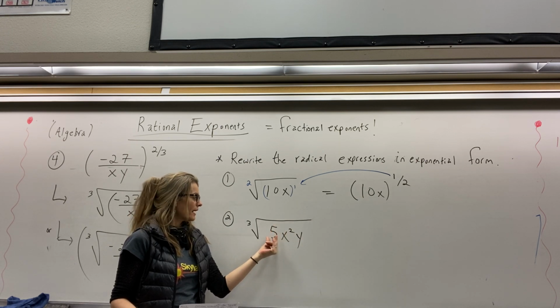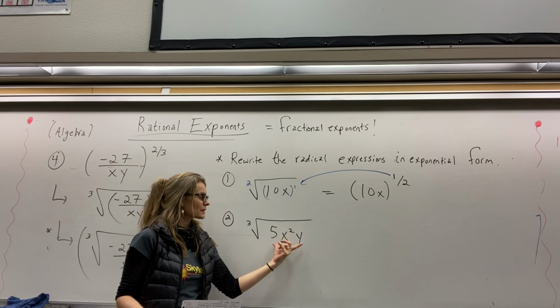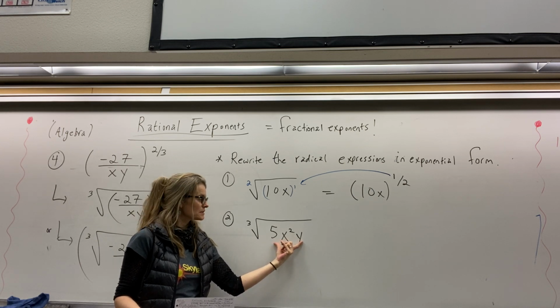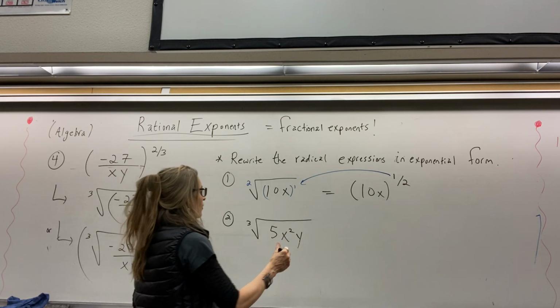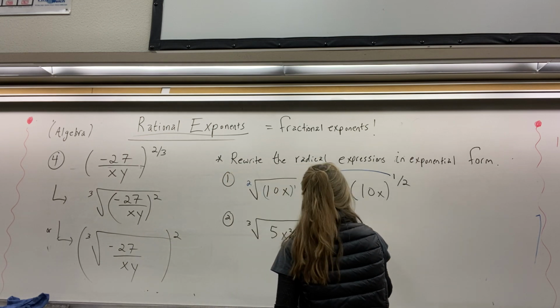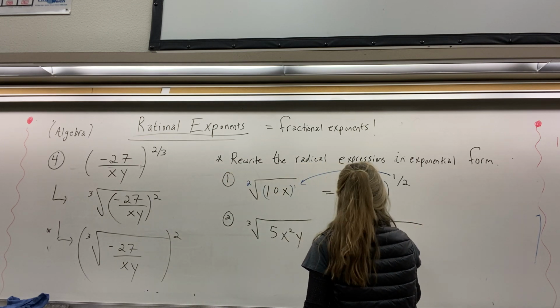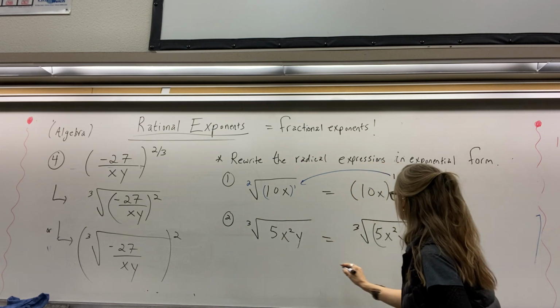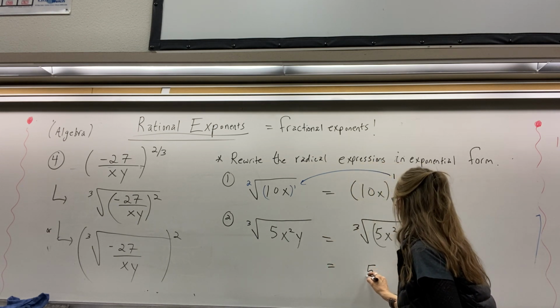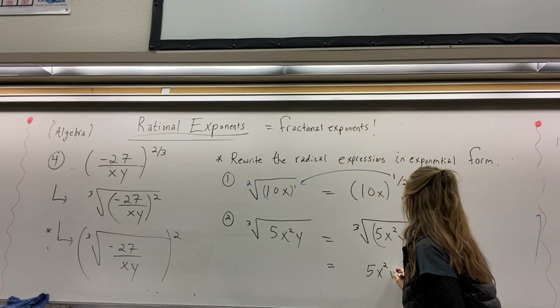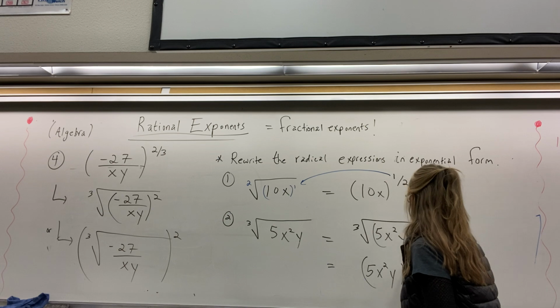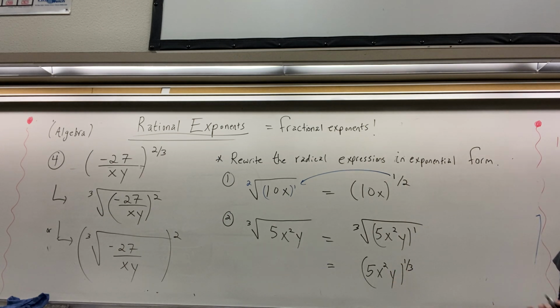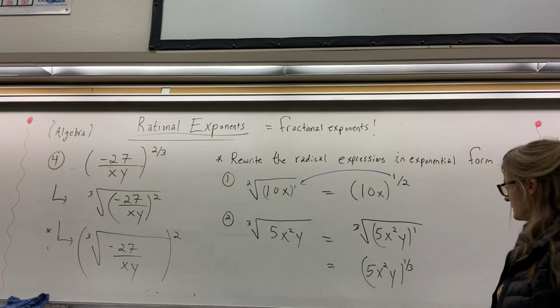For now, I can write them as individual units, but what I tend to do if I'm just rewriting is keep this unit together and say all of this is to the first power. So this is equivalently 5x squared y to the 1/3 power. I don't want to simplify. There's a little bit of a mess there.